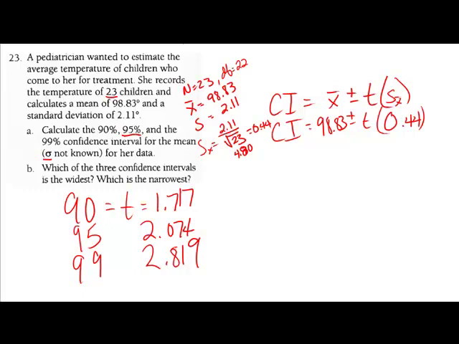So I'm going to do the 95% one. Do my math first. Multiplication. 2.074 times 0.44. Gave me a nasty error because I have clumsy fingers.